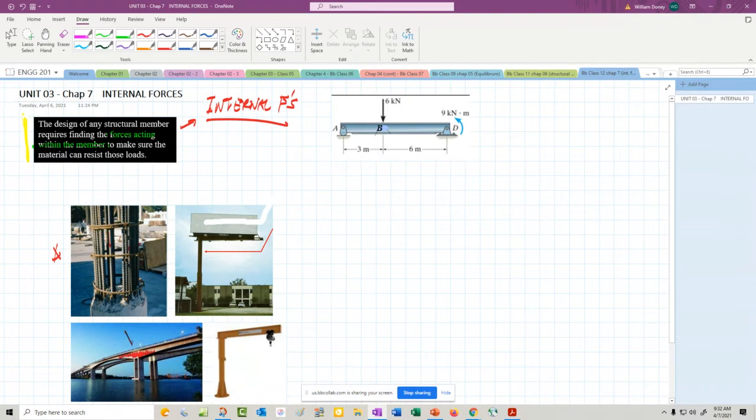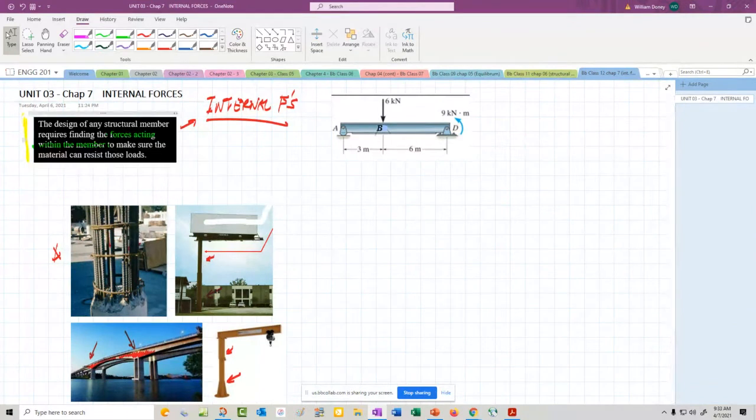As you notice, they're thicker at the supports than in the middle. There's obviously a reason for that. In this billboard sign or this crane or hoist, maybe inside a car shop, we'll notice that they are thicker at the bottom than they are at the top.